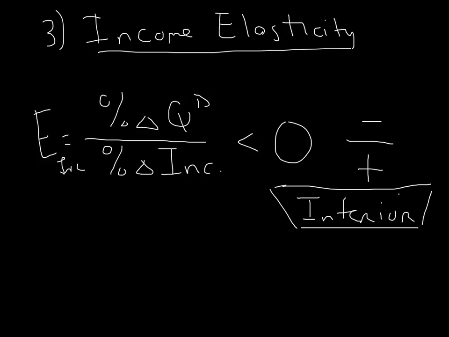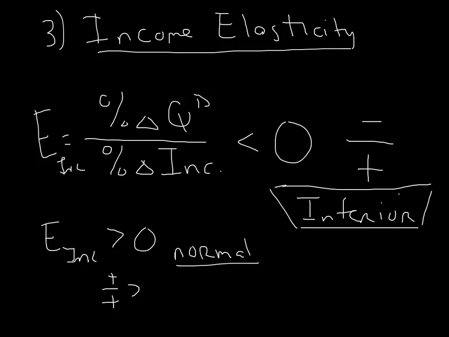So if the values aren't negative, of course they're positive. So if the income elasticity value is greater than 0, actually we have two types of elastic goods. They're both normal goods, because when income goes up, people buy more, so therefore the fraction is positive, indicating a normal good. Well, there are two ranges of values. Suppose that it's positive but between 0 and 1, versus if it's positive and it's greater than 1.